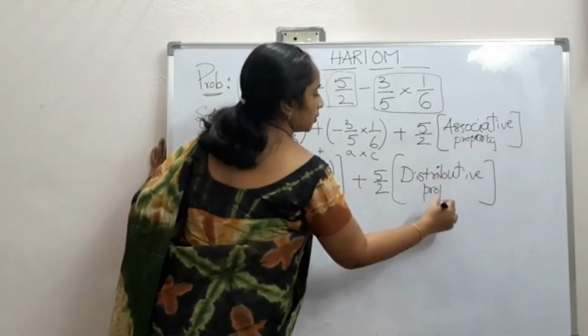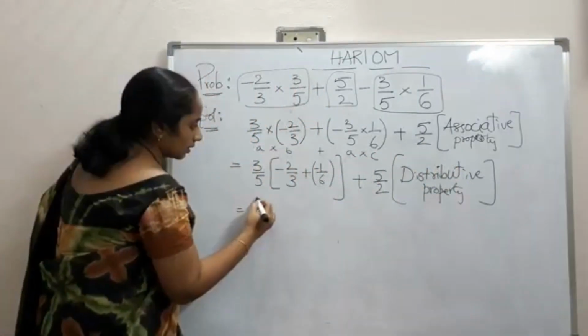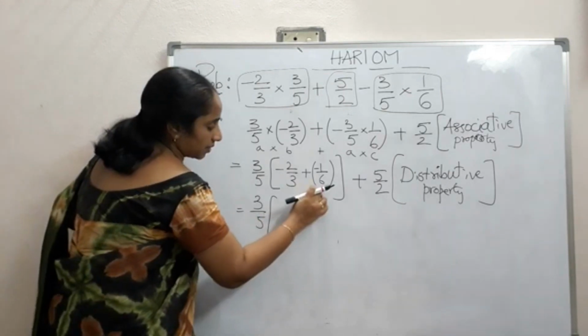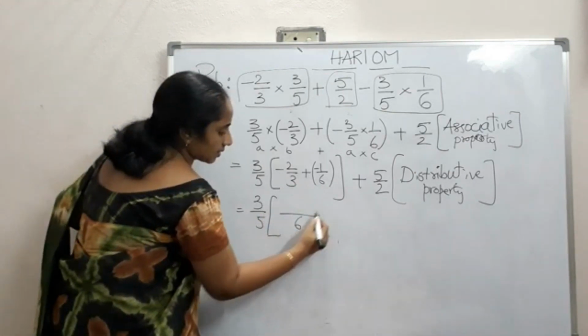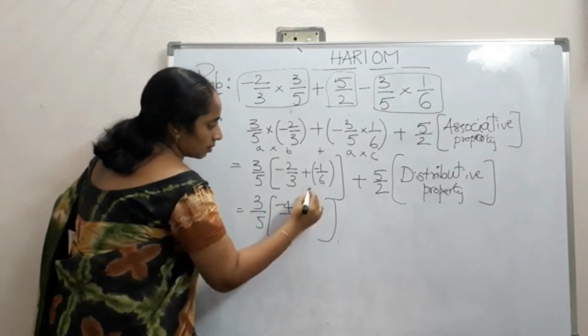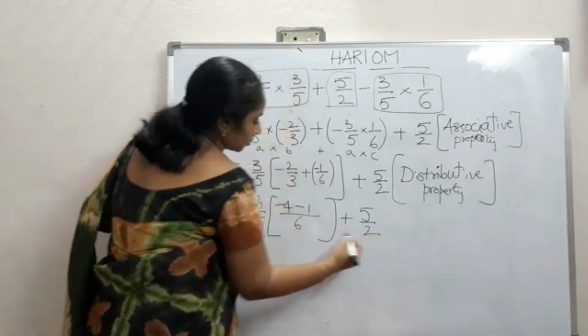Here it is distributivity. Now 3 by 5. LCM of 3 and 6 is 6. It is minus 4 minus 1, plus 5 by 2.